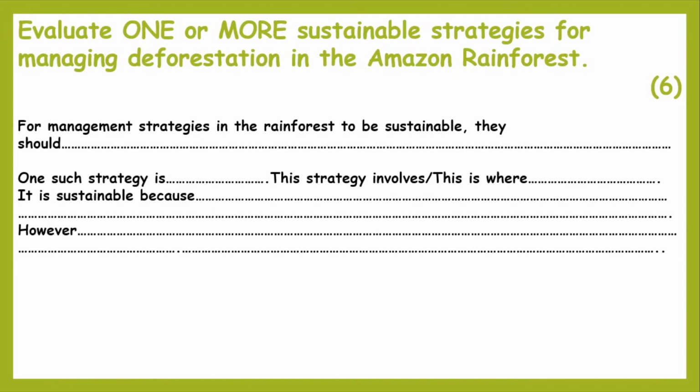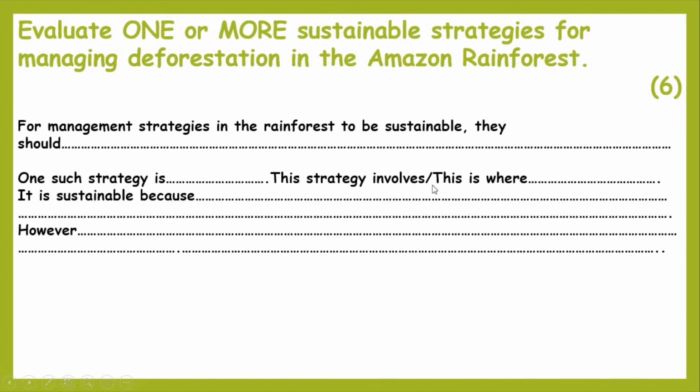If you can, refer directly to what type of sustainable it is. Is it economically sustainable because it provides jobs or money? Is it environmentally sustainable? Is it socially sustainable? Obviously, don't copy that exactly as it is, where it says this strategy involves or this is where.